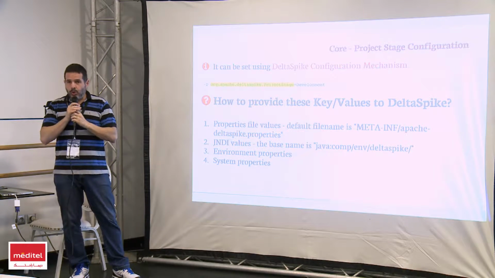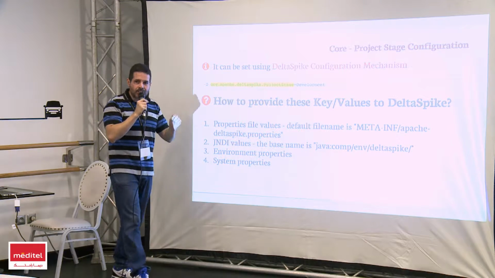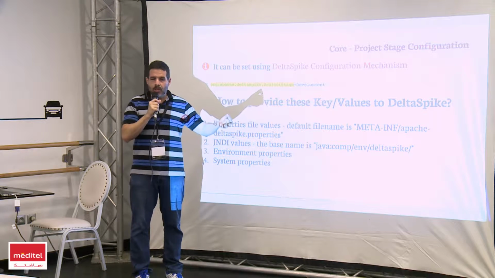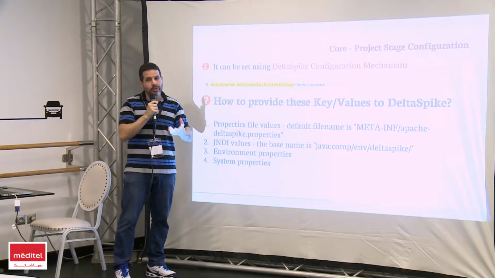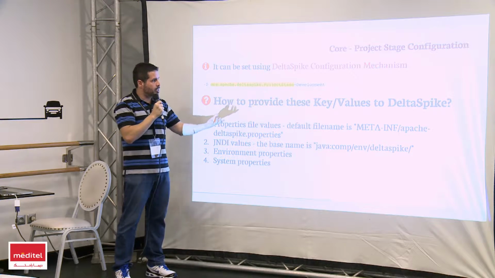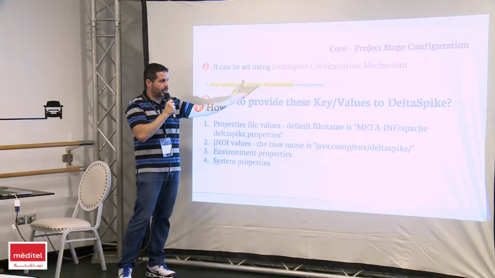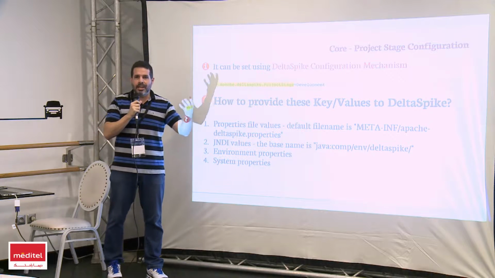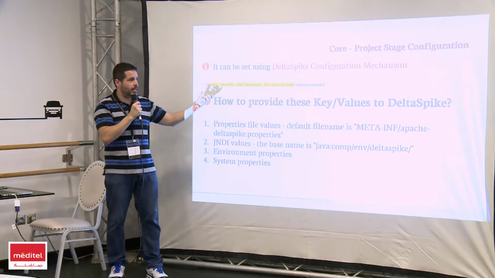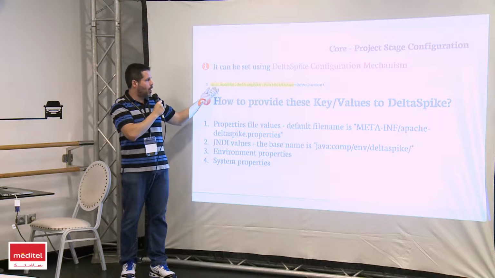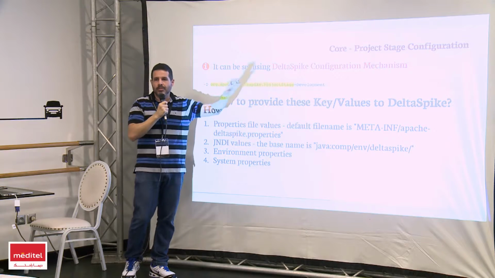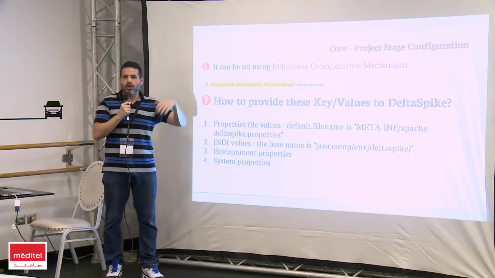So, as I told you, how can I set the project stage in your application? You have to configure it in DeltaSpike. It's part of the DeltaSpike configuration mechanism. What is a configuration? It's just a key and a value. The key for that project stage is org.apache.deltaspike.ProjectStage, and you set that equal to development or equal to production.